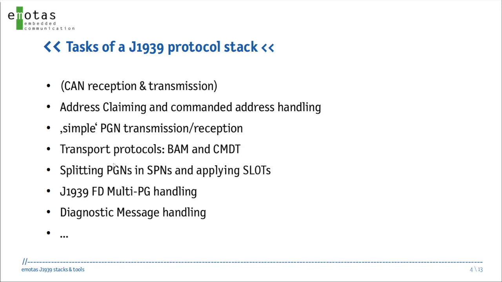And of course, the stack shall assist you in splitting the PGNs into multiple SPNs, and by applying the scaling and offset values to the raw signal, so that the application gets the real values. Additionally, if you want to support J1939 on CAN FD, such a protocol stack should support the multi-parameter groups and optionally maybe diagnostic messages or J1939 safety messages.